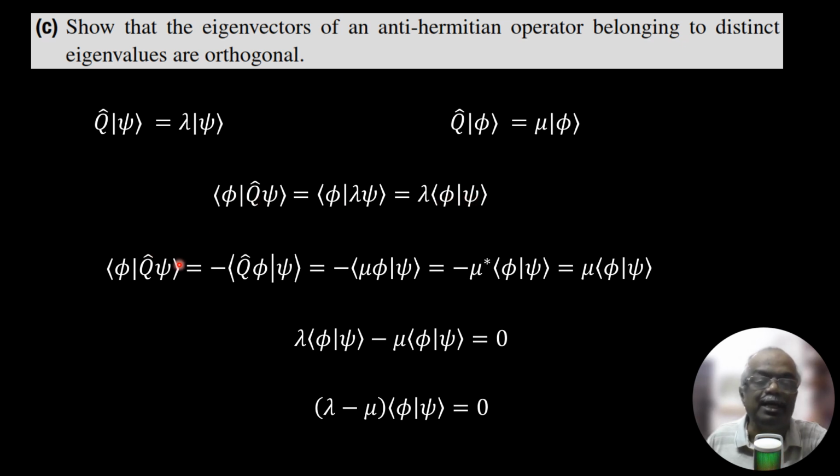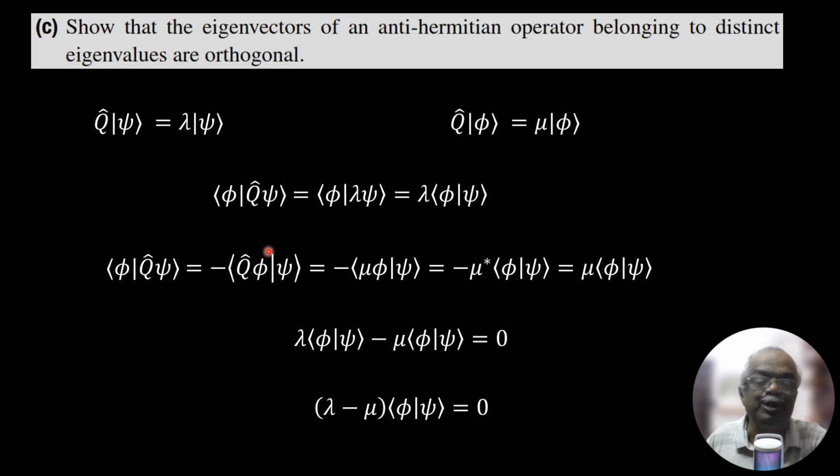Then you take this same inner product, phi Q psi, with operator Q acting on the ket vector phi here also. Now I am going to bring this to the bra vector side.